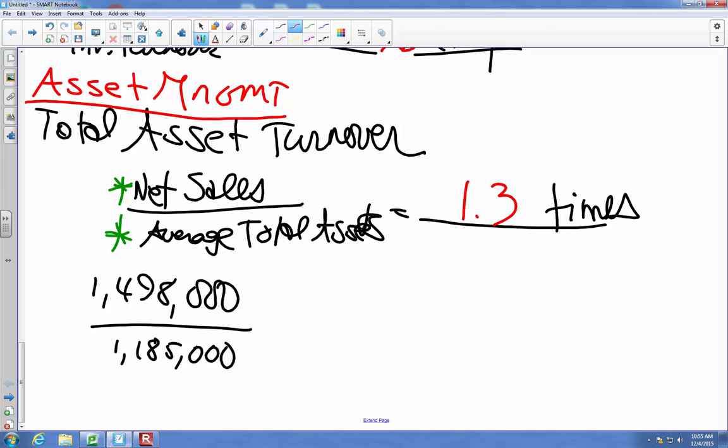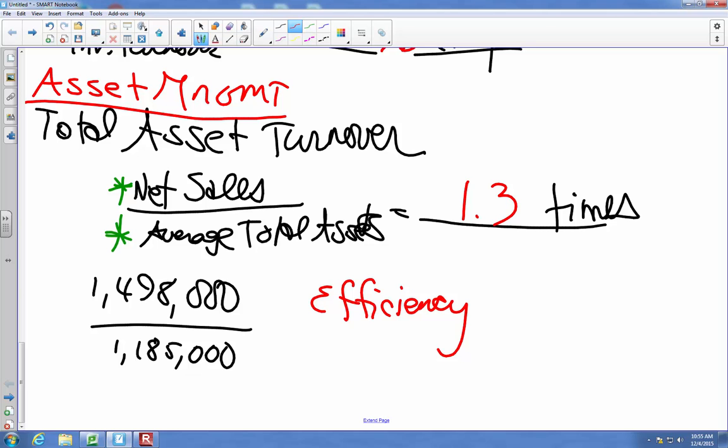Okay, and what does that actually mean? What does the asset turnover mean? It measures efficiency. Efficiency in what, do you think? Assets to do what? To generate sales.